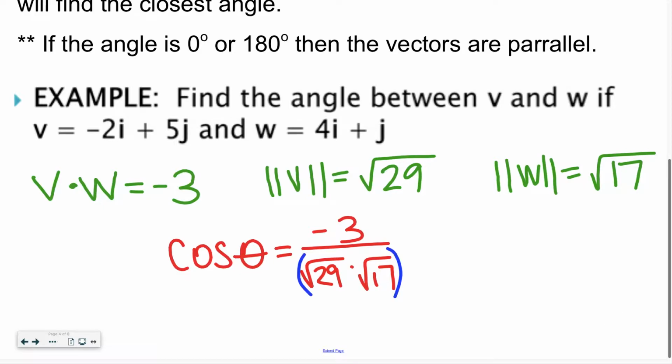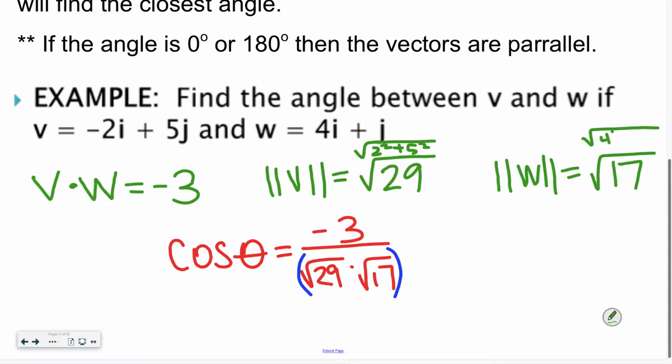For this one, for v, we take 2 squared plus 5 squared because those are the components. So we get 4 plus 25. And then for w, our components are 4 and 1.